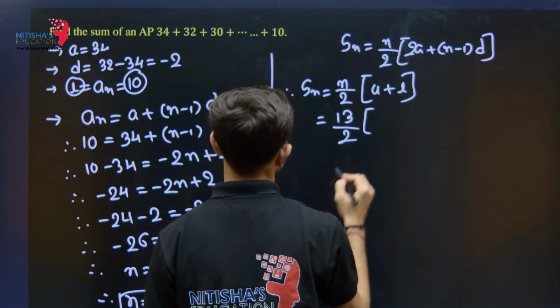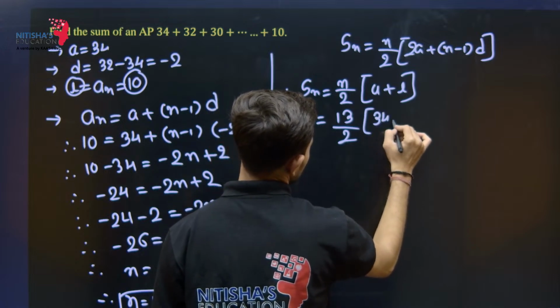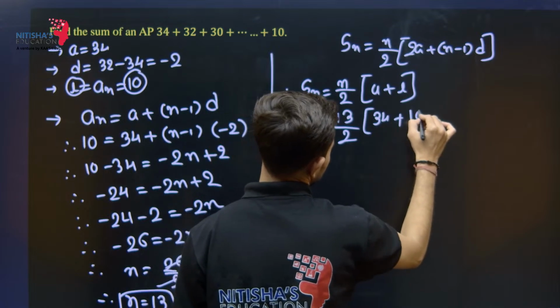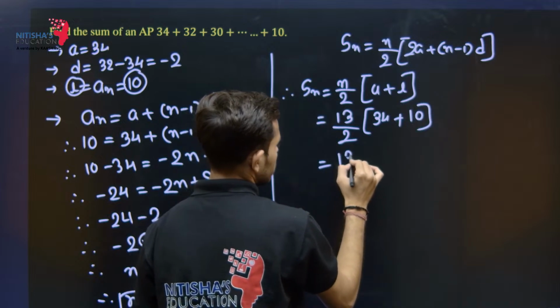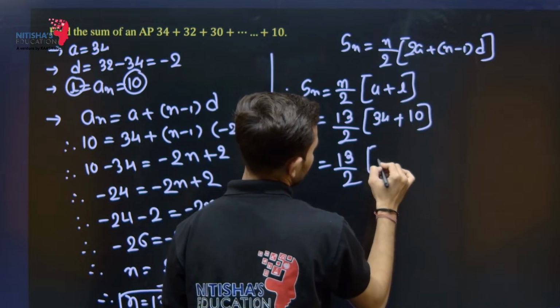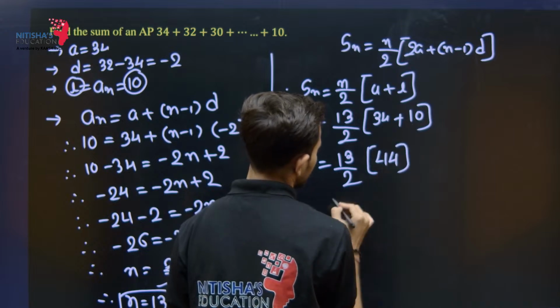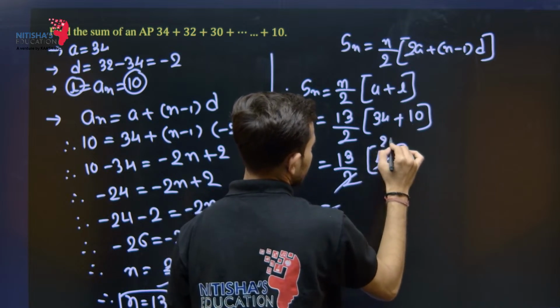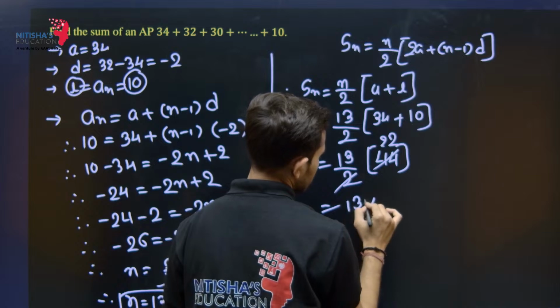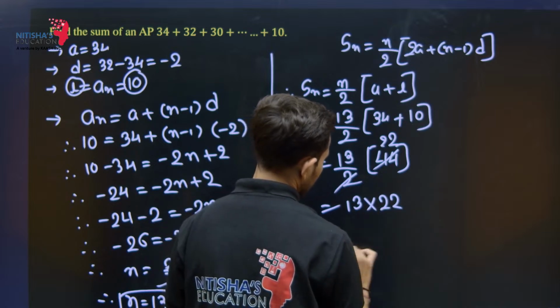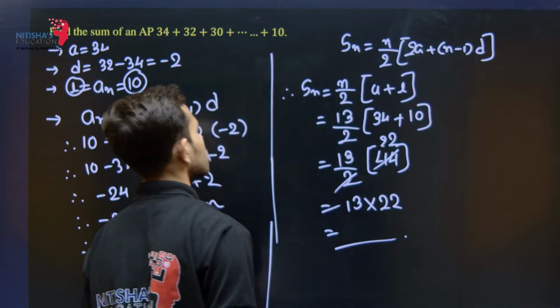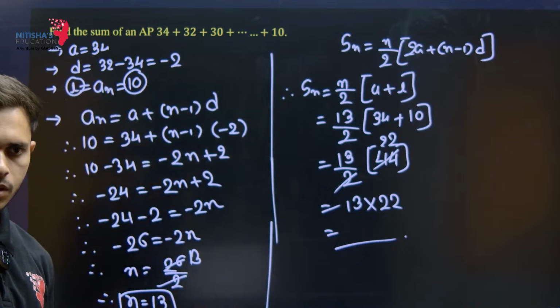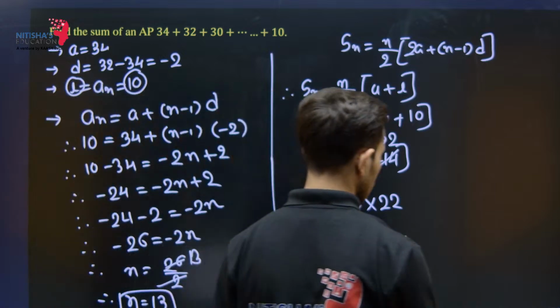What is a? a is 34 plus what is l? l is 10. Now 13 upon 2, 34 plus 10 is 44, right? 2 22s are 44. So 13 multiplied by 22 will give you the answer of this sum, right? So in this way we solve this sum.